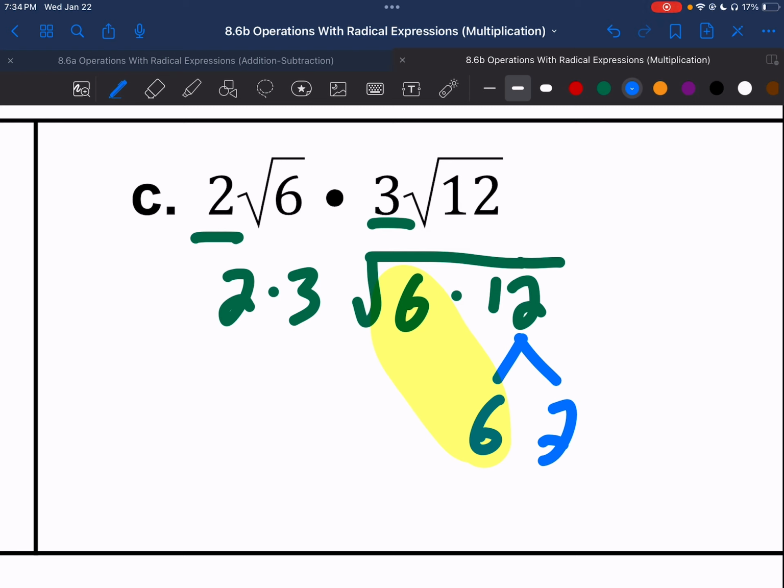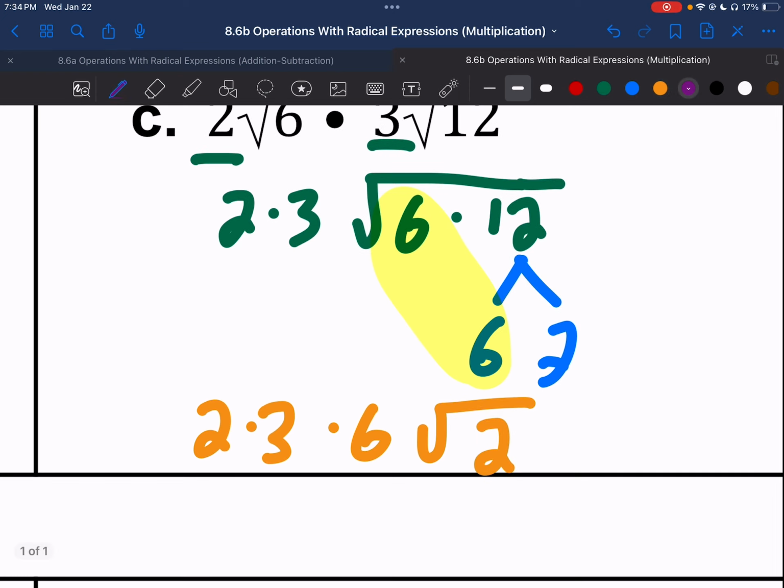So when we do that, we're going to have 2 times 3 from up above, and we're bringing out that 6. What's left inside the radical is a 2, and so when we simplify that, 2 times 3 times 6 is going to be, well, 2 times 3 is 6, times 6 is 36, square root of 2.